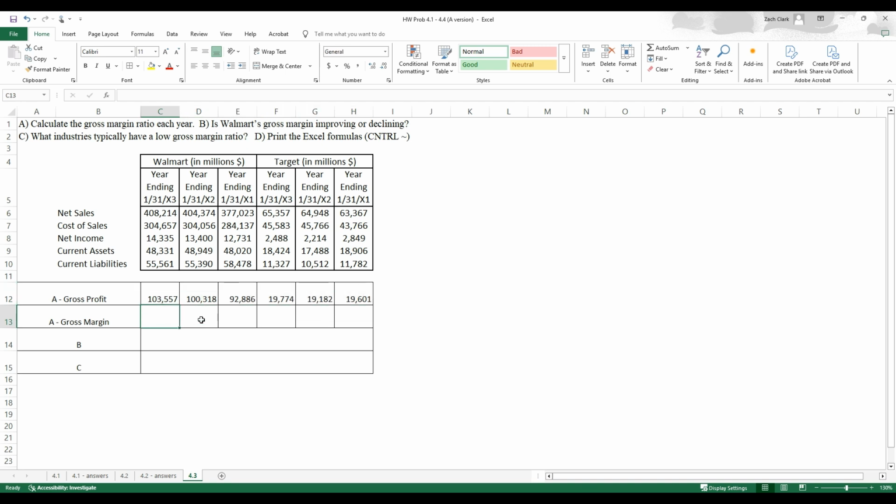Okay, and then let's take a look at our gross margin ratio, and that's to take our gross profit divided by our net sales. And in essence, what we're saying here is how much of our sales revenue are we keeping after we account for operating expenses.